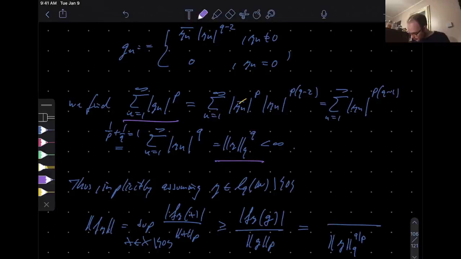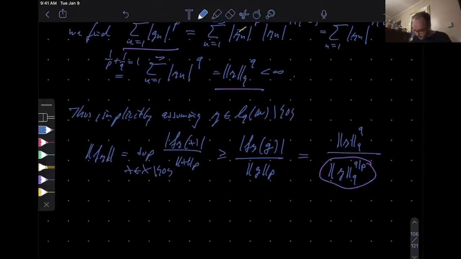Because you have to take into account that root. And the other one, you just use the definition of f sub y. You can convince yourself that that is going to be the q norm of y to the power q. Okay, good. So you have this, and now you just do some algebra with the exponents.